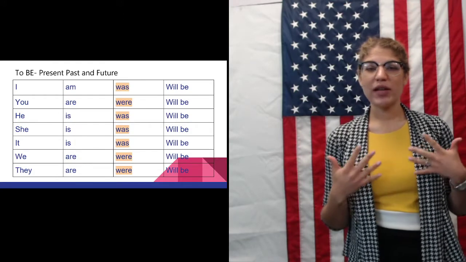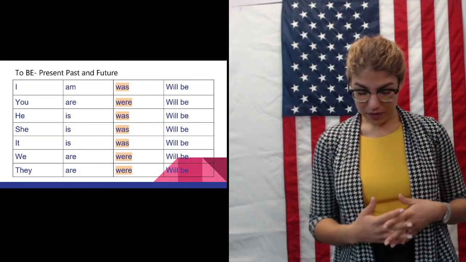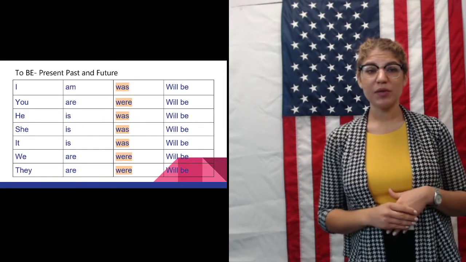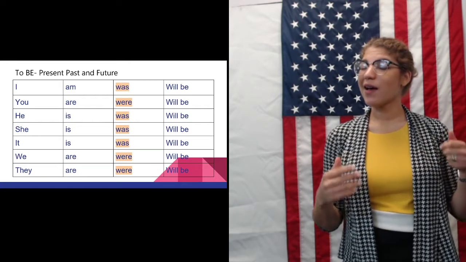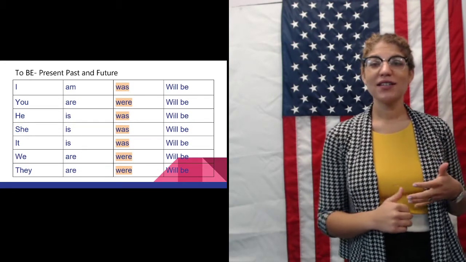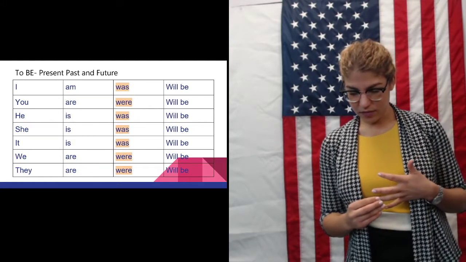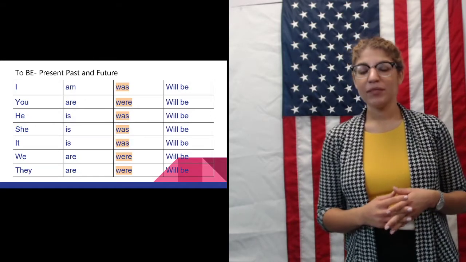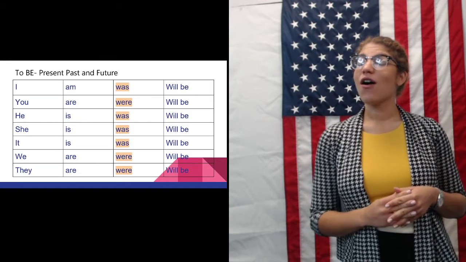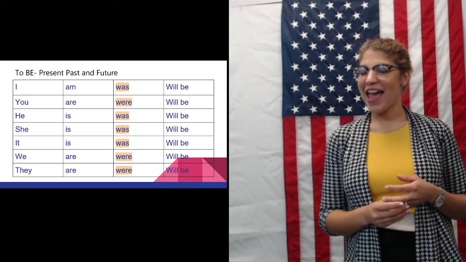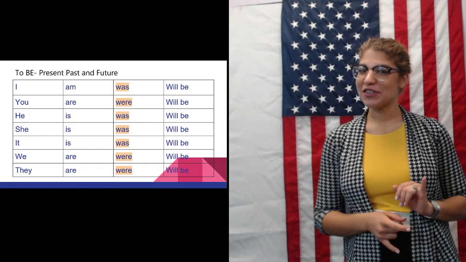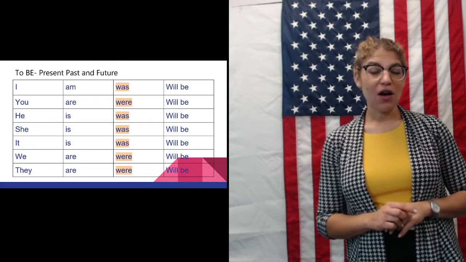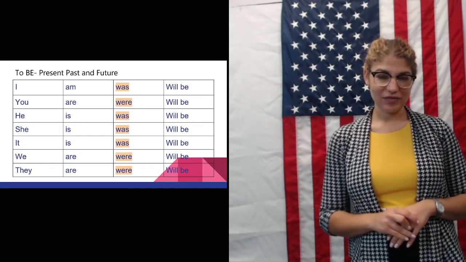In fact, when we talk about our birth, we use the verb to be. For example, I was born in San Antonio. I was born in April. I was born on April 21st. I was born on a Saturday.